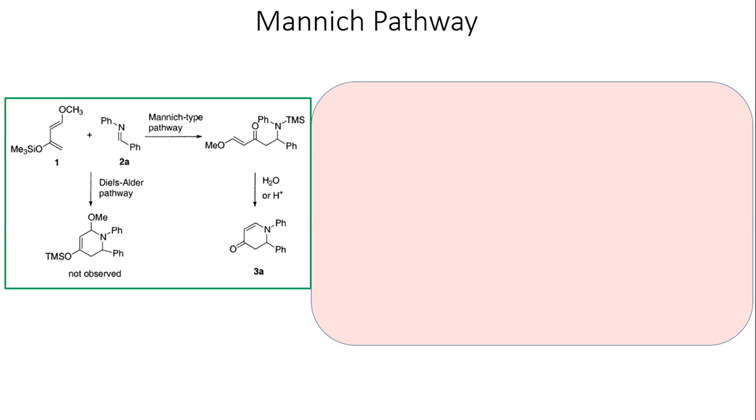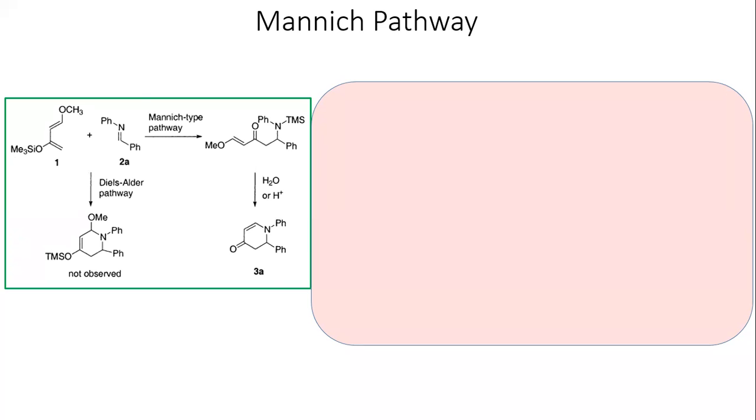What they did see was a Mannich reaction, right? And a Mannich reaction is the imine derivative of an aldol addition. So you can see right here, this is an enol, this is a silyl enol ether, kind of like a Mukaiyama aldol reaction.